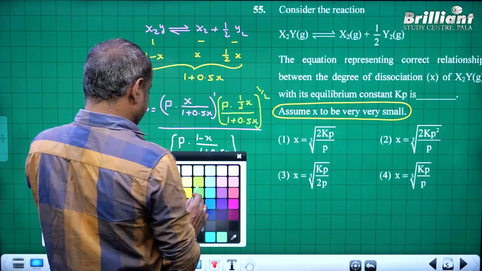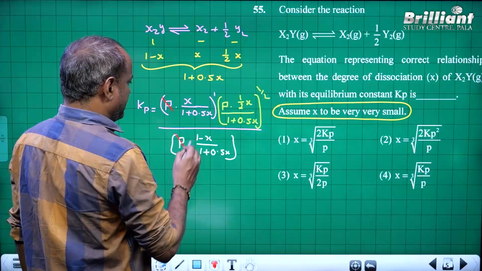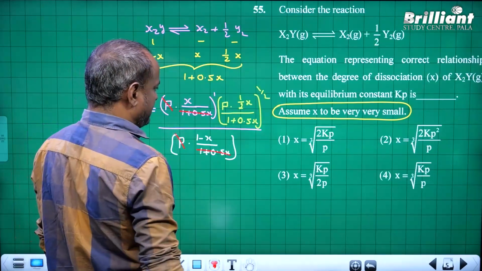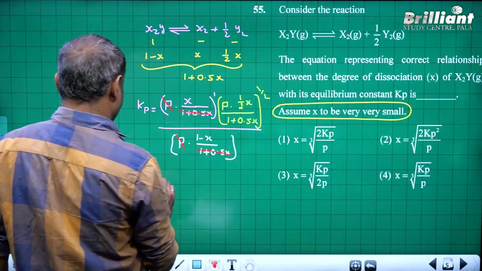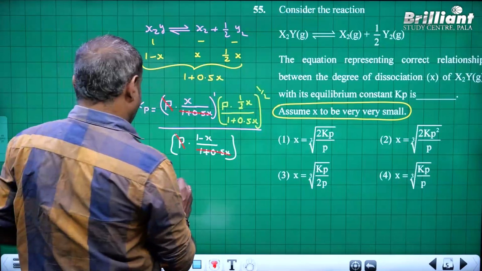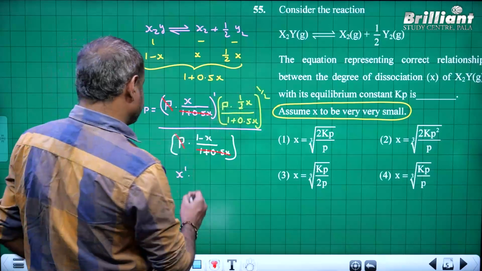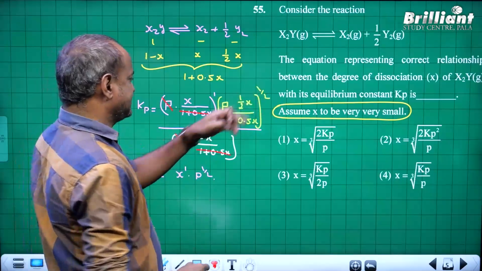So cancel first the P and 1 plus 0.5x terms. Check the remaining terms: x raised to 1, P raised to 1 by 2, x raised to 1 by 2.